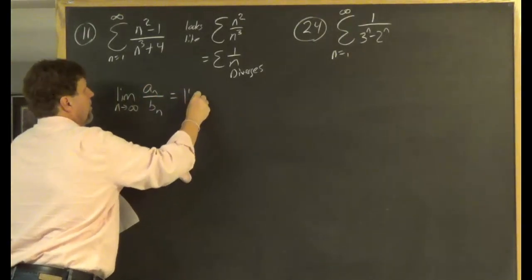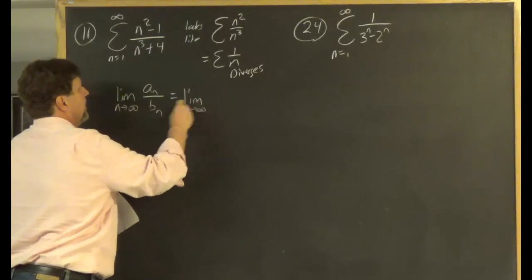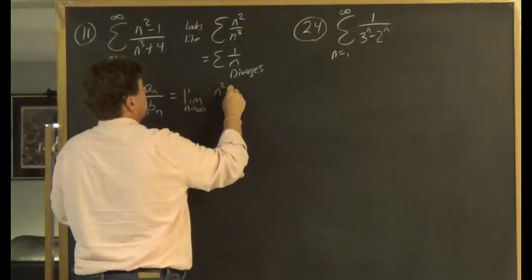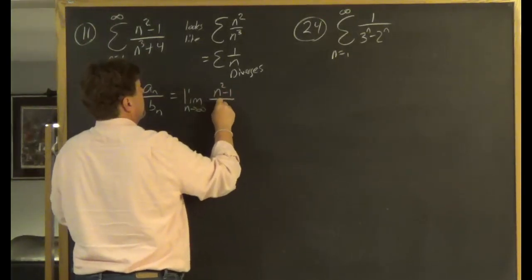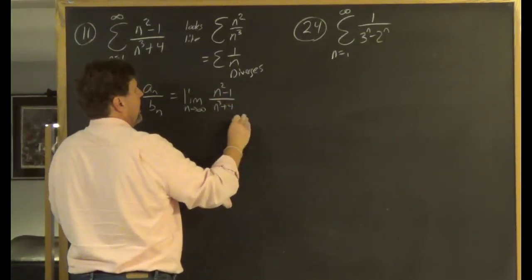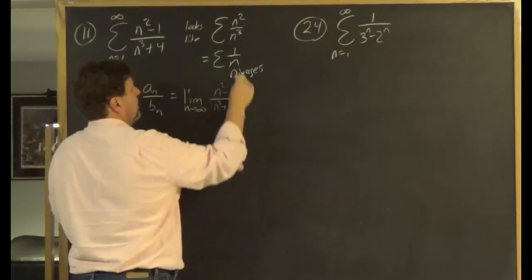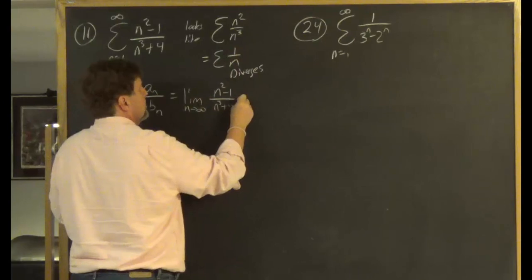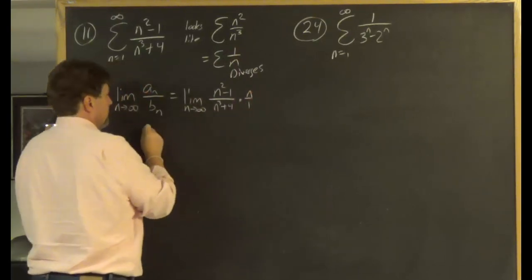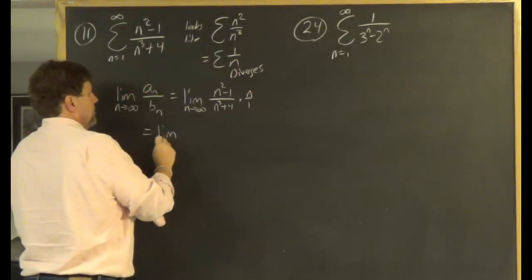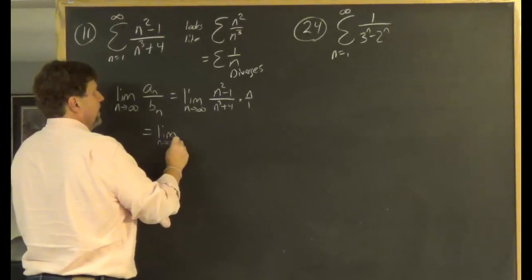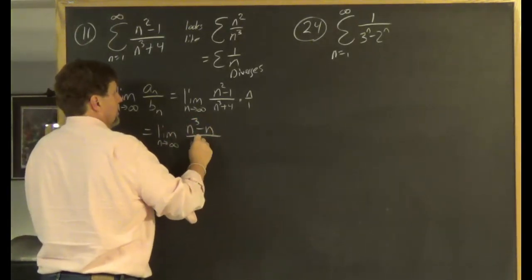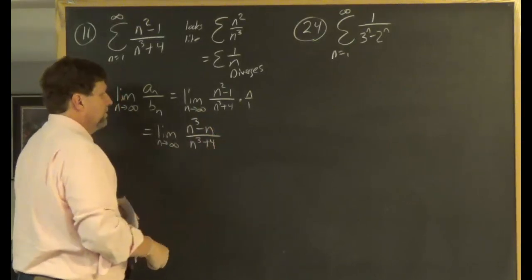We have the limit as n goes to infinity of a sub n, n squared minus 1 over n cubed plus 4, divided by b sub n. That's b sub n, so I'm going to rewrite it as multiplying by the reciprocal. So we have the limit as n goes to infinity of n cubed minus n over n cubed plus 4.